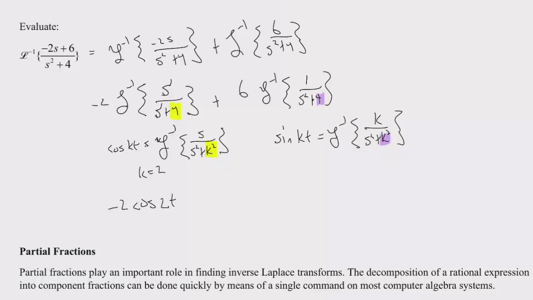So that says that k has to be 2 as well. But up top, you notice I have a k up there, and this one I have a 1 there. Okay, well that's easily fixed. That just means I'm going to have to multiply by 2 and divide by 2. So I'm going to put a 2 here and divide by 2, and then it fits the pattern nice and pretty. So that would then be a 3 sine of 2t.